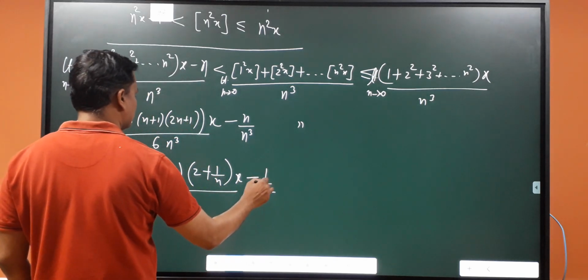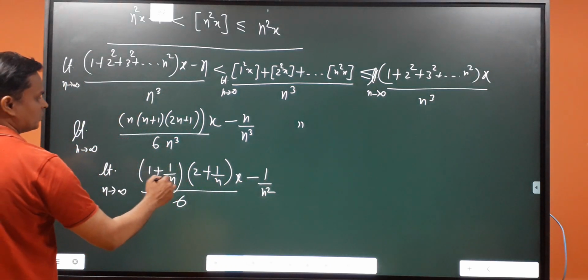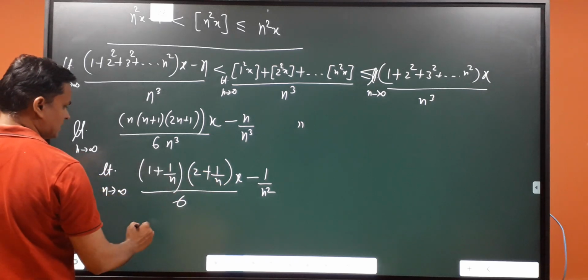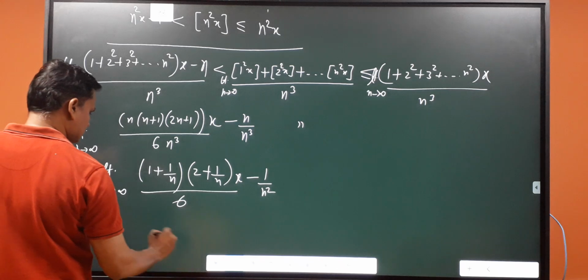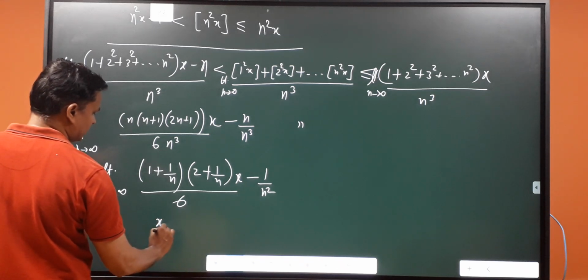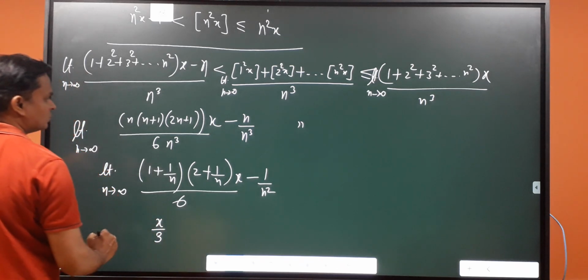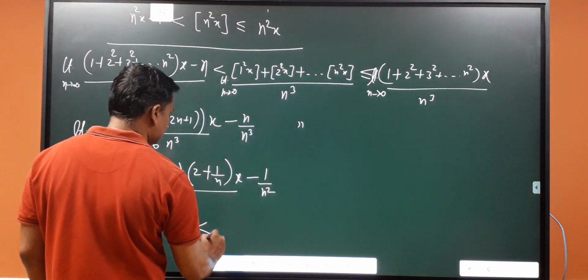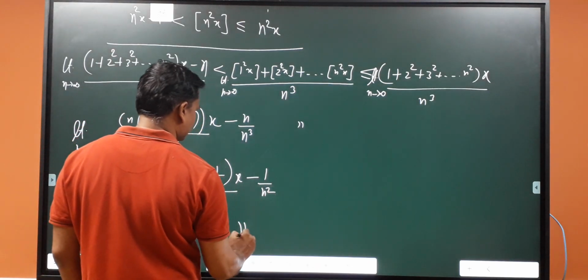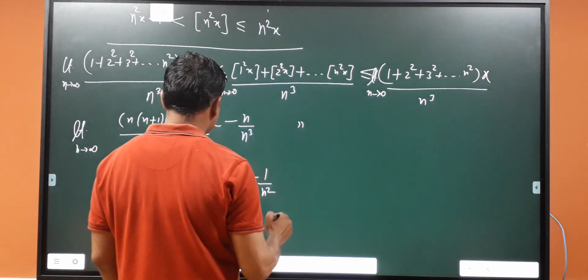So this particular term will go to 0, this term will go to 0, this will go to 0. So the answer from here will be 2 by 6 x, so this will be equal to x by 3. The term on the left hand side came as x by 3, and here it was equality, and then we will find the value of this particular term.